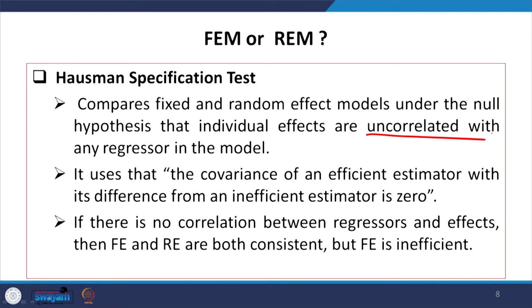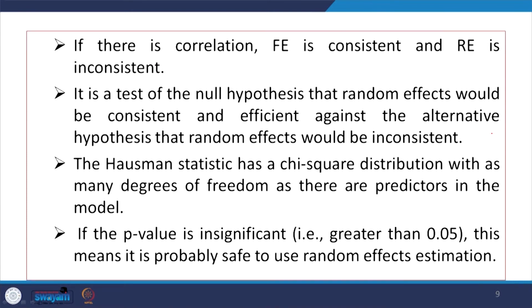If there is no correlation between regressors and effects, then fixed effect and random effect are both consistent, but fixed effect is in fact inefficient. If there is correlation, then FE is consistent, therefore RE is not suggested to be applied.